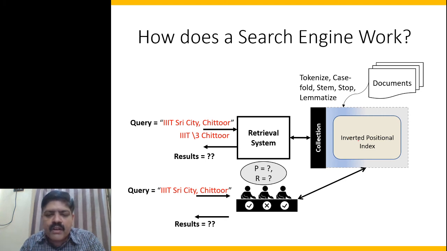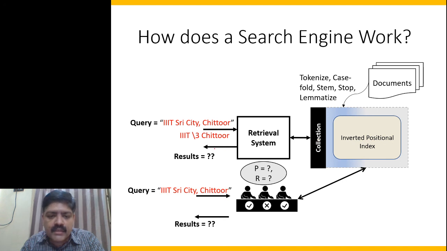One of them is the inverted positional index. To arrive at it, I have to look at the documents, tokenize them, case fold them, stem them, remove the stop words or lemmatize them, and then convert them into an inverted index. So once I have the inverted index, I can match the query with the index quite efficiently and retrieve the matching documents.